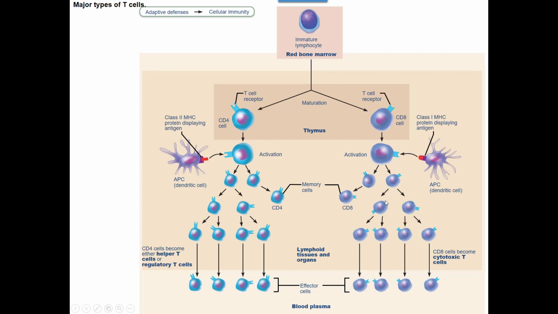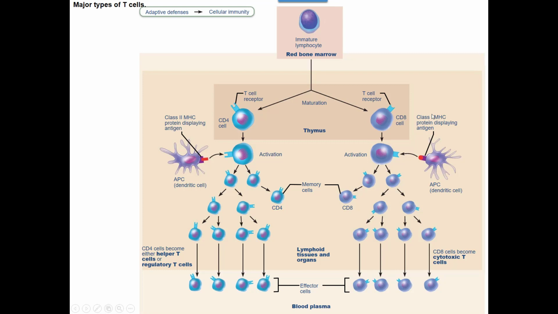So we have T cells in the thymus. However, this particular cell, it's a CD8 cell, it's going to be a cytotoxic cell, but it's not activated yet. It only becomes activated when, here's our dendritic cell, an antigen presenting cell, and it has class 1 because all nucleated cells have class 1.